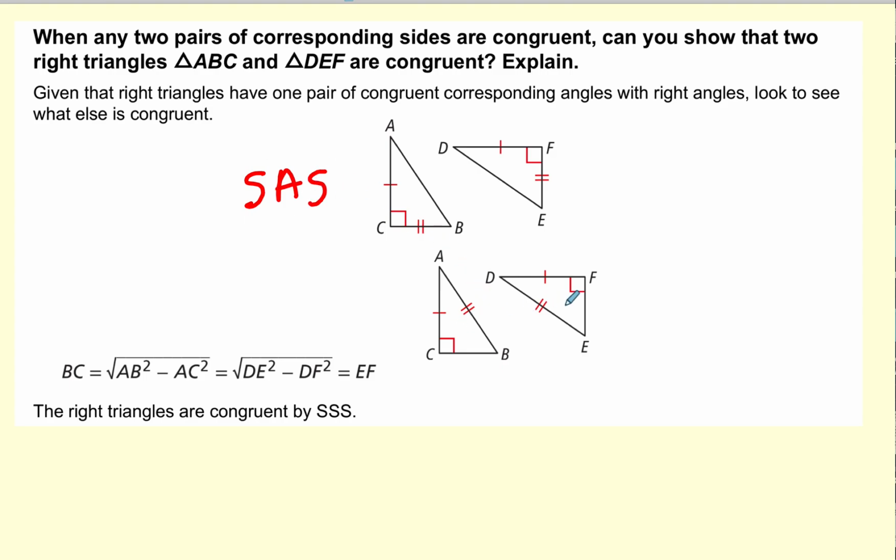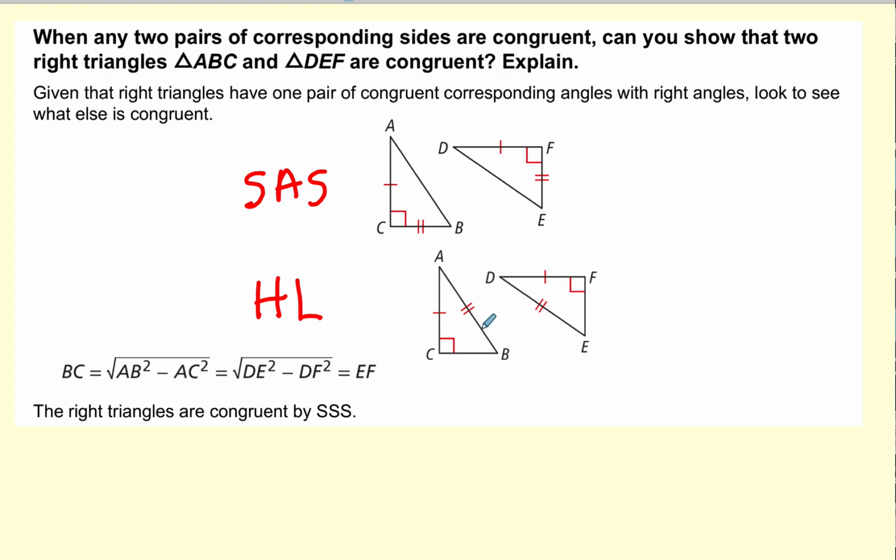Now, normally when we see this, we would have said no, because this is not an included angle. But this is a right triangle, and we could call these two sides an H, and these two sides an L for leg.